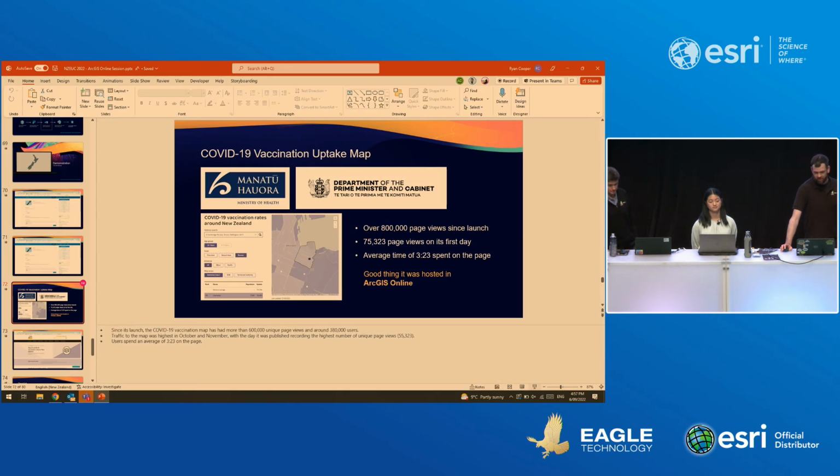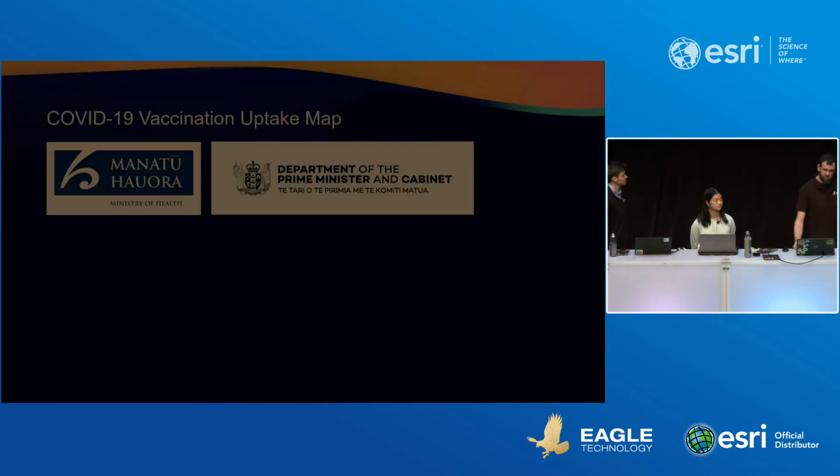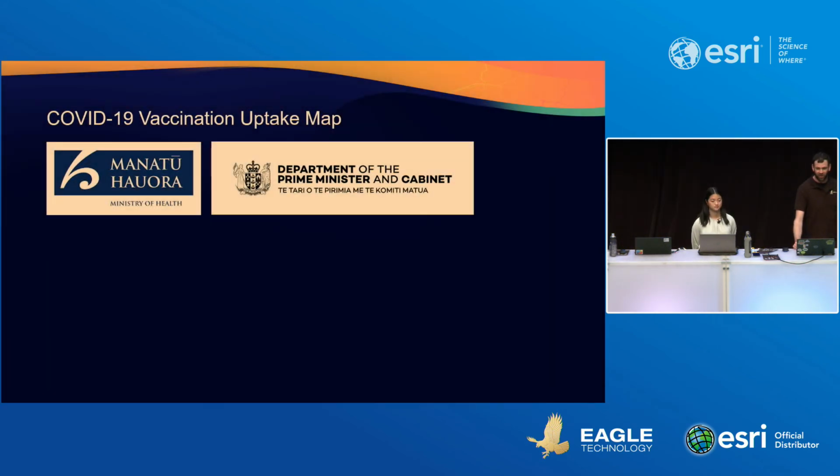Cool. So we've obviously talked about COVID a bit. Over the vaccination rollout, we were engaged by Ministry of Health and the Department of Prime Minister and Cabinet to create a map that illustrated the vaccination rates around the country. So you may have seen this app, potentially.